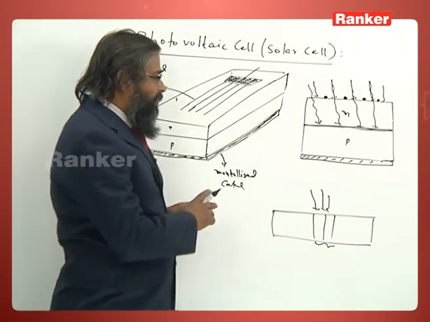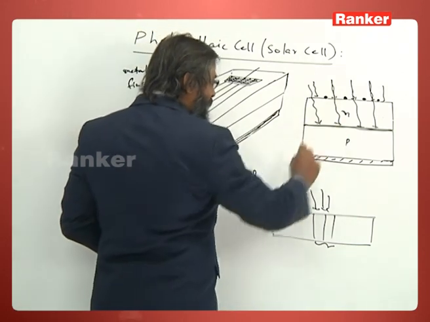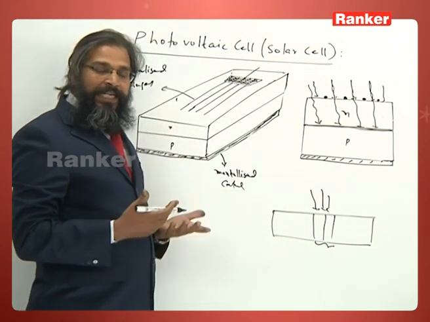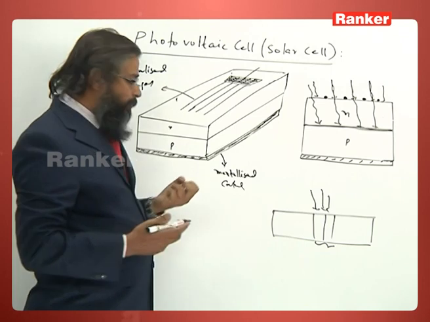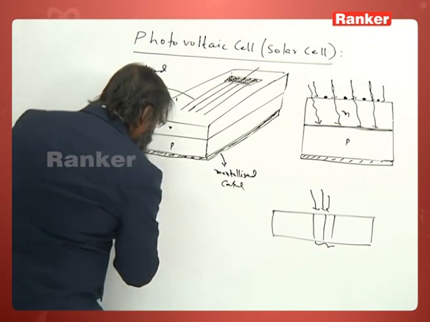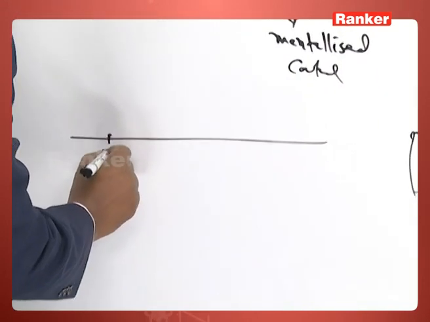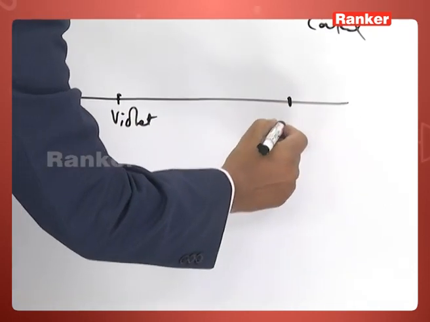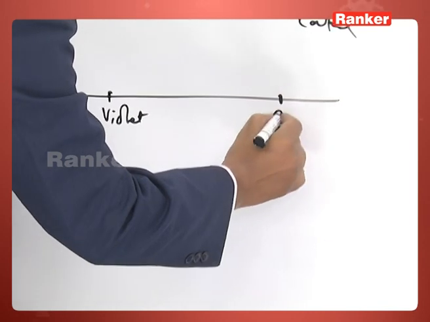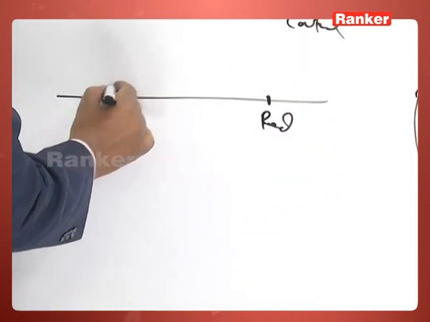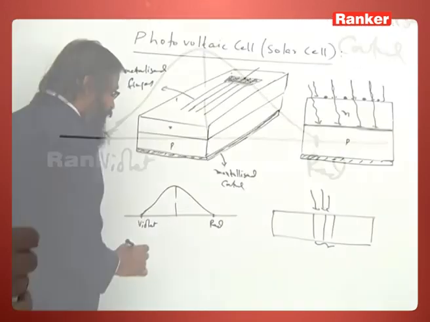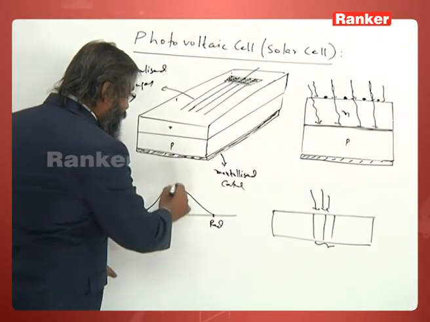Number one point is that the forbidden gap should match the light which has to be captured. You see here, this is violet and this is red light, and this is the energy we receive. Our eye is sensitive in this region.